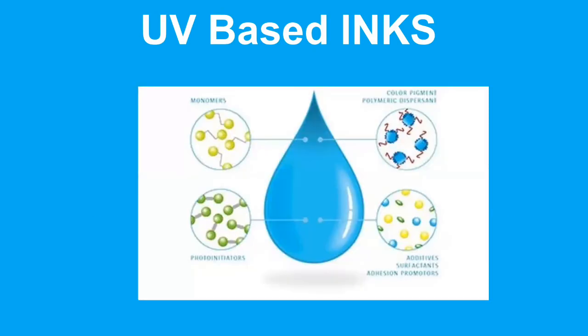So when we are printing in our press room with UV-based inks, UV inks are not drying by evaporation with dryers. UV inks are dried by intense UV lights.